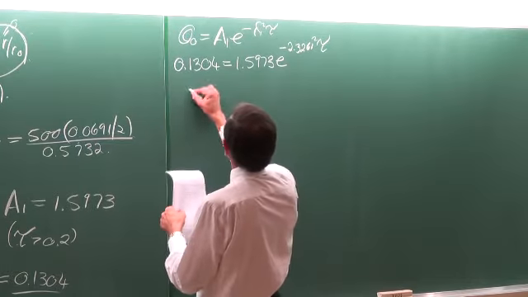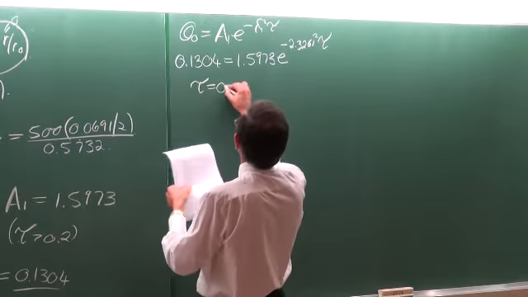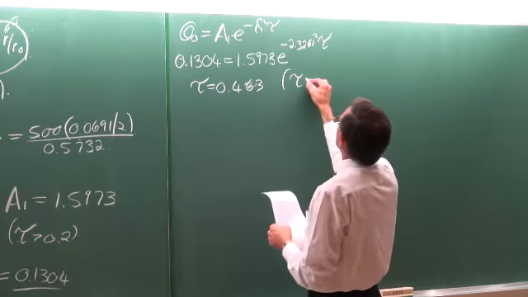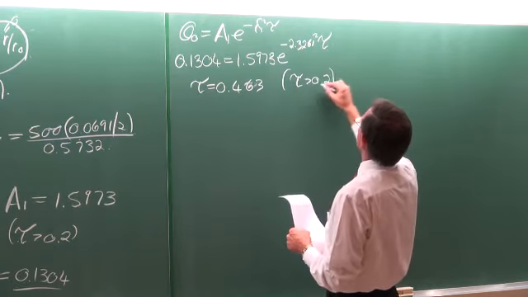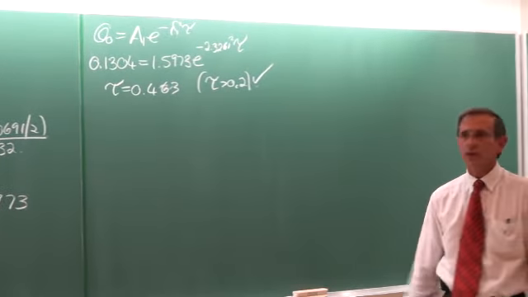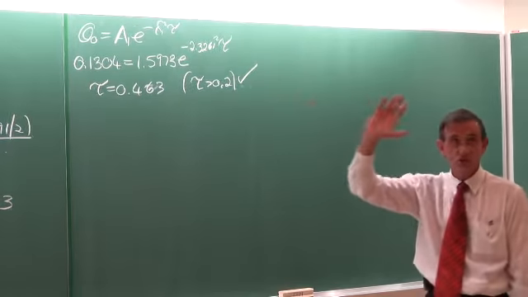And from that we can calculate tau as 0.463. So fortunately, our assumption is okay. We can use this approach of just using one term.